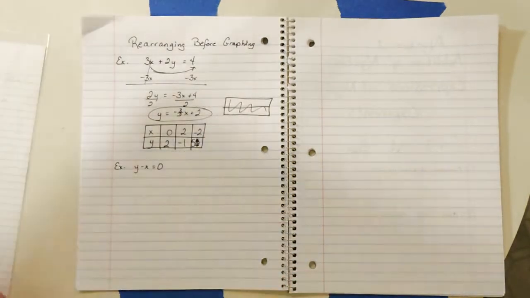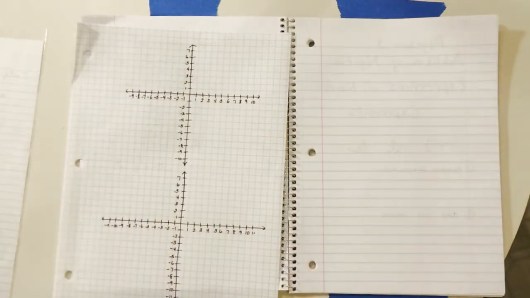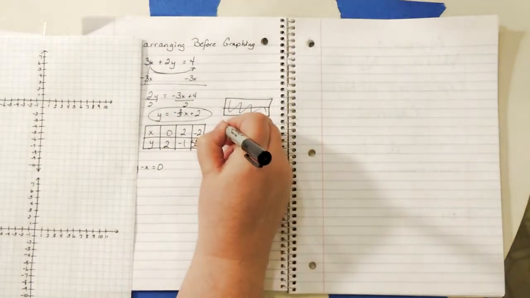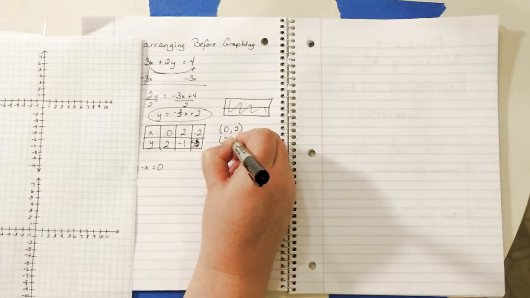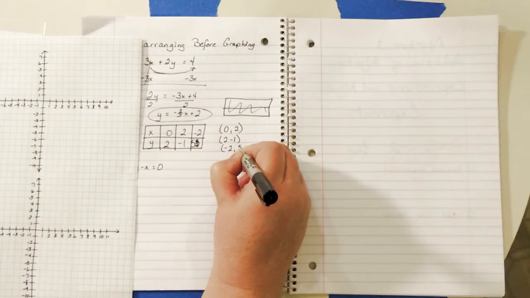Okay, now we're going to graph this. Here's a graph. So our ordered pairs are 0 and 2, 2 and negative 1, and negative 2 and 5.